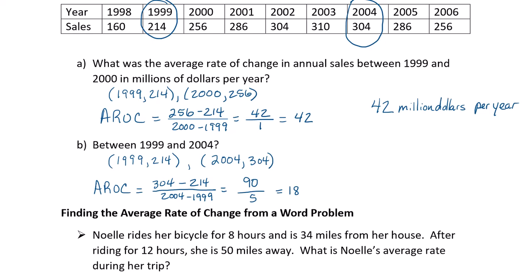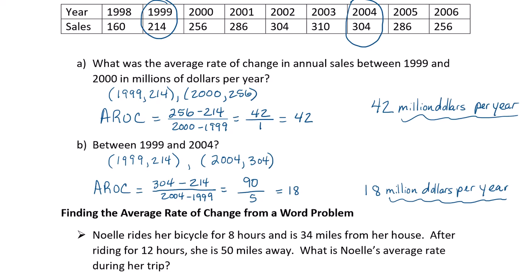Okay, so again, the average rate of change can be stated as $18 million per year. So when you're writing this $ million per year, it's giving you a ratio or a rate of change, and that is the average rate of change between those two particular years.